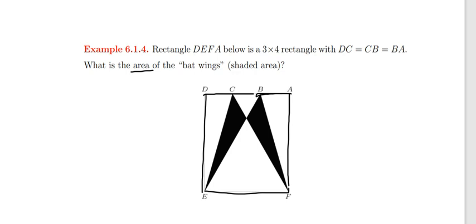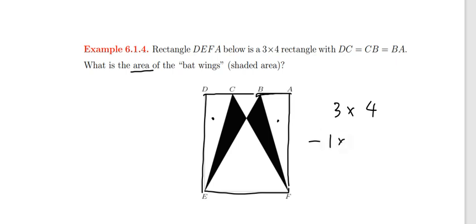So the bat wing equals this rectangle. The rectangle is 3 times 4, right? So minus this. Oh, these two are easy. These two are the same. So just equal half of 1 times 4, right?